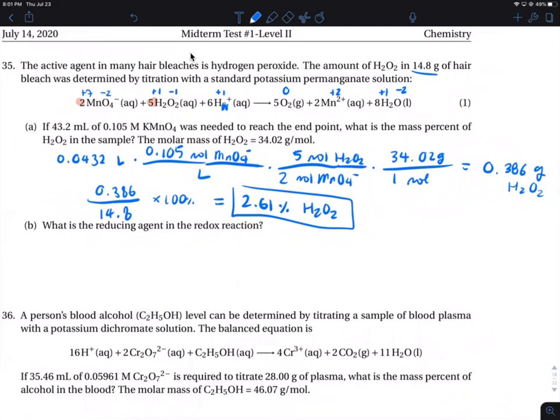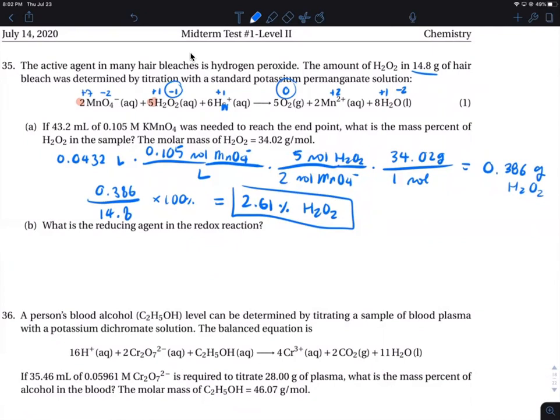So let's look at what is being oxidized, which one is increasing. You can see that for oxygen, it's increasing from -1 here to 0 here, and it's therefore being oxidized.